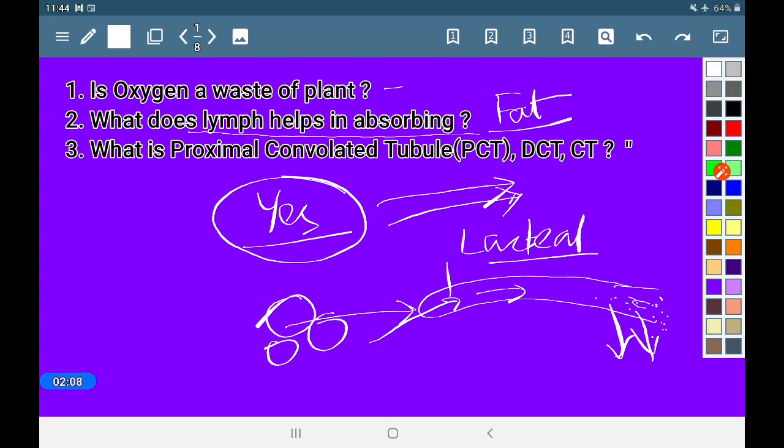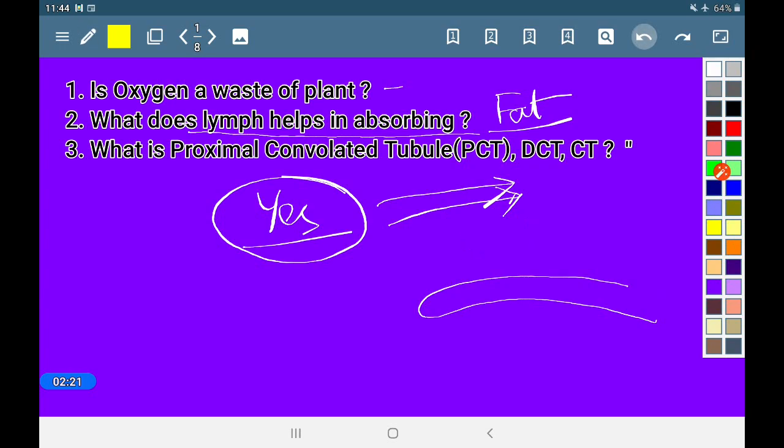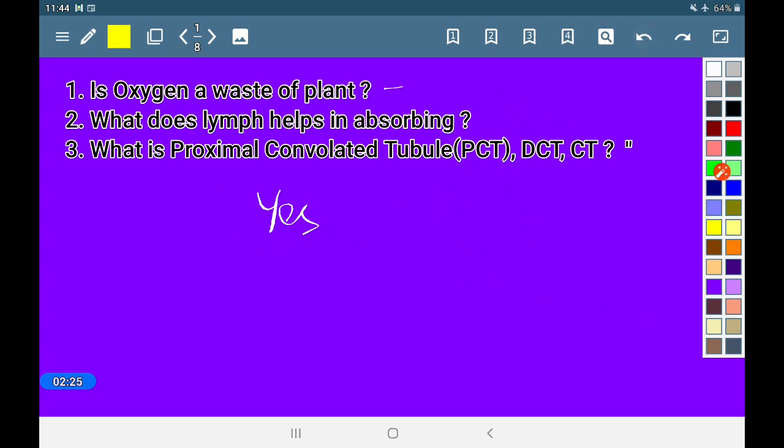Okay. Next question: what is the proximal convoluted tubule, the distal convoluted tubule and the collecting tubule?